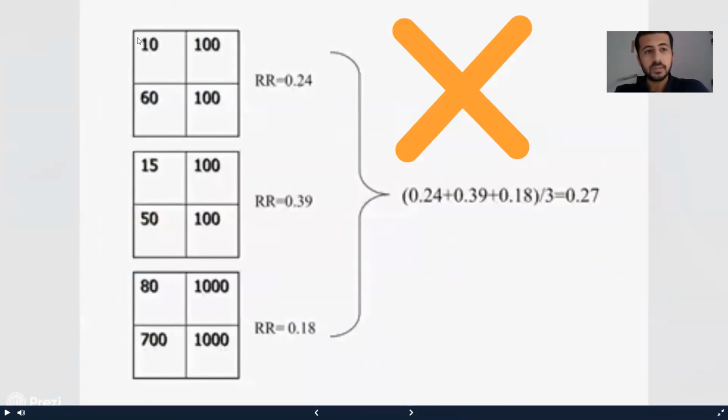10 of the patients were treated and they survived. 60 of the patients were treated, but they didn't survive. 100 of the controls were not treated and survived, and 100 of the controls were not treated and didn't survive.